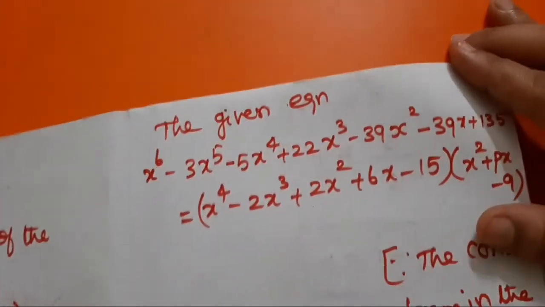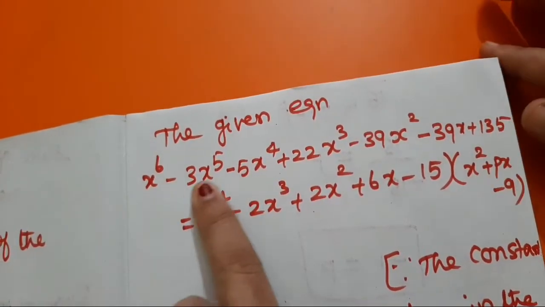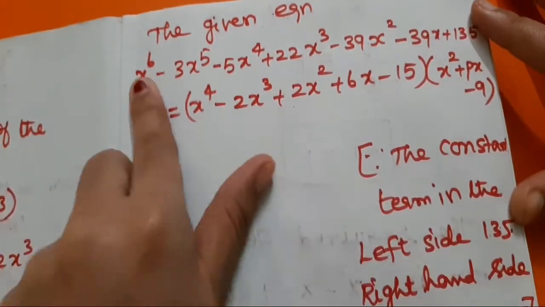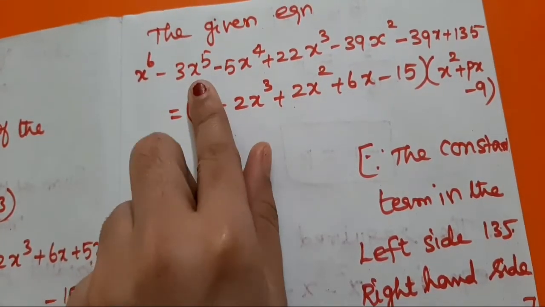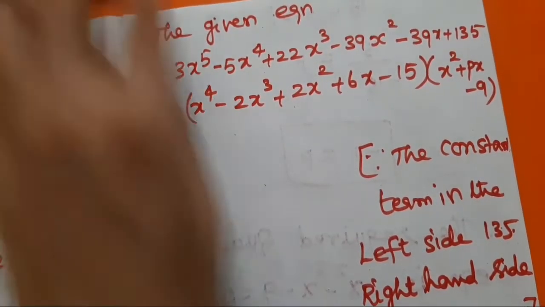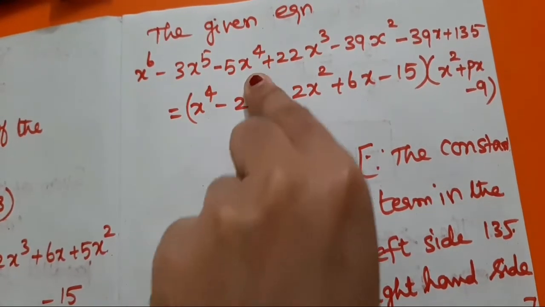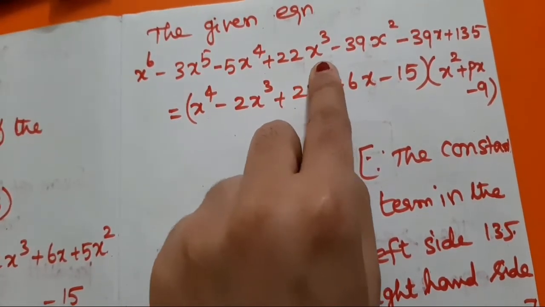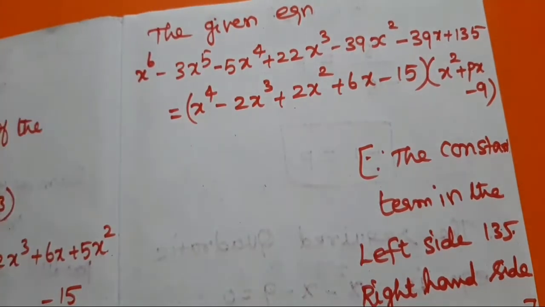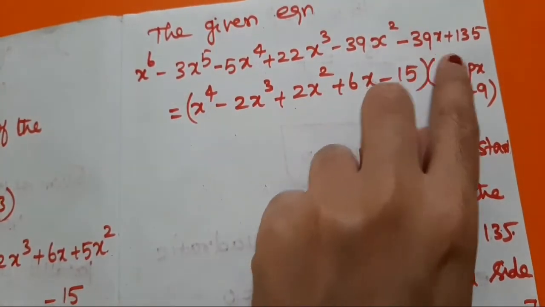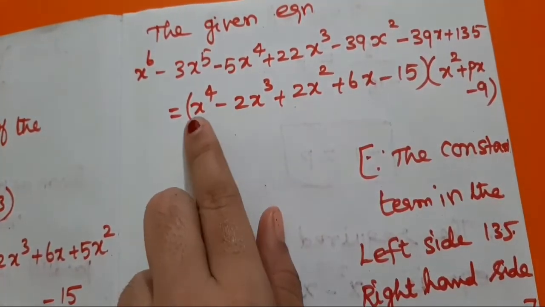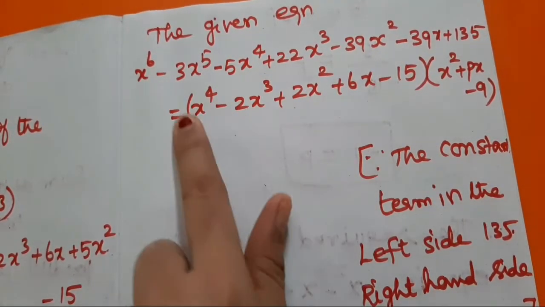So now the given equation is this one, that is x power 6 minus 3x power 5 minus 5x power 4 plus 22x cube minus 39x square minus 39x plus 135. So this is the product equation I got.